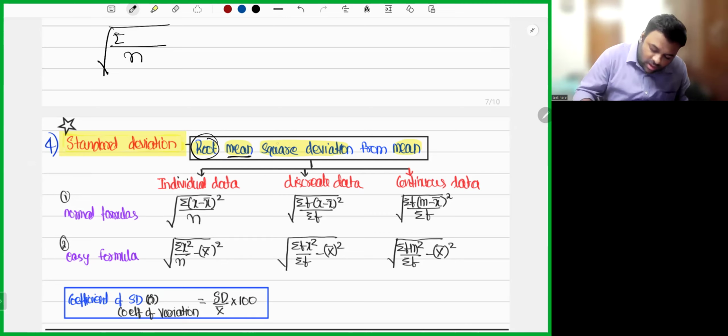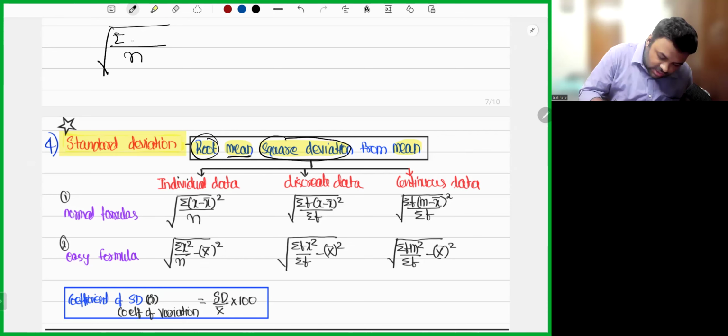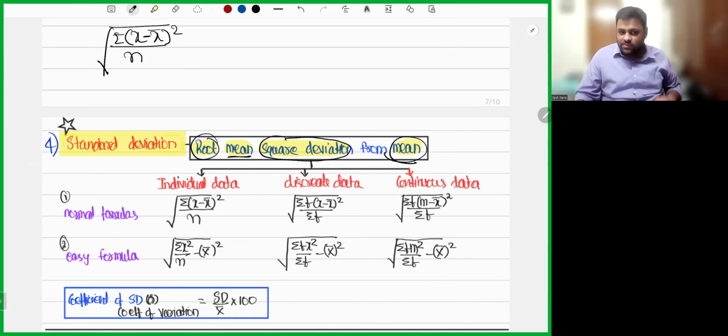Mean of what? Mean of square differences from mean. Under root, sum of (x minus x bar) whole square by n. This is standard deviation for individual data.